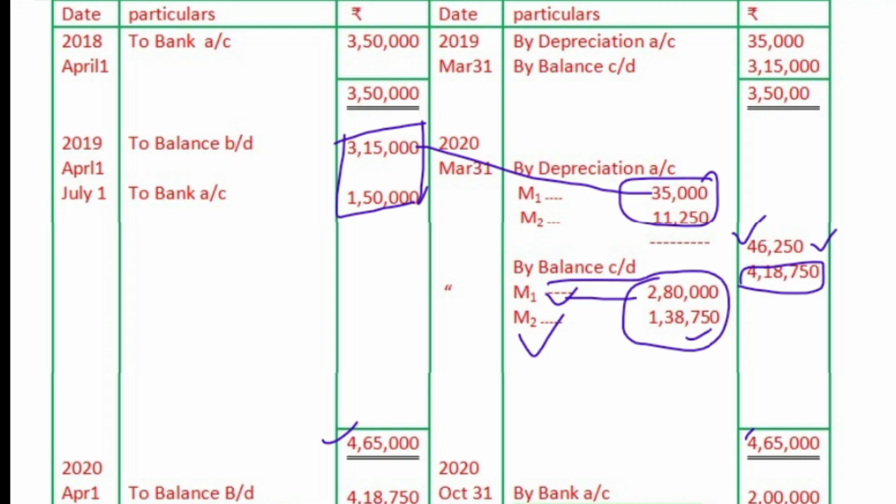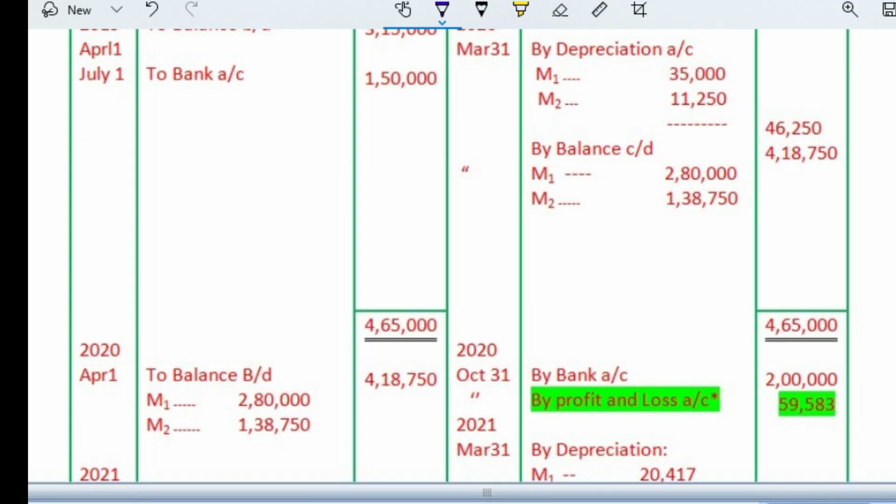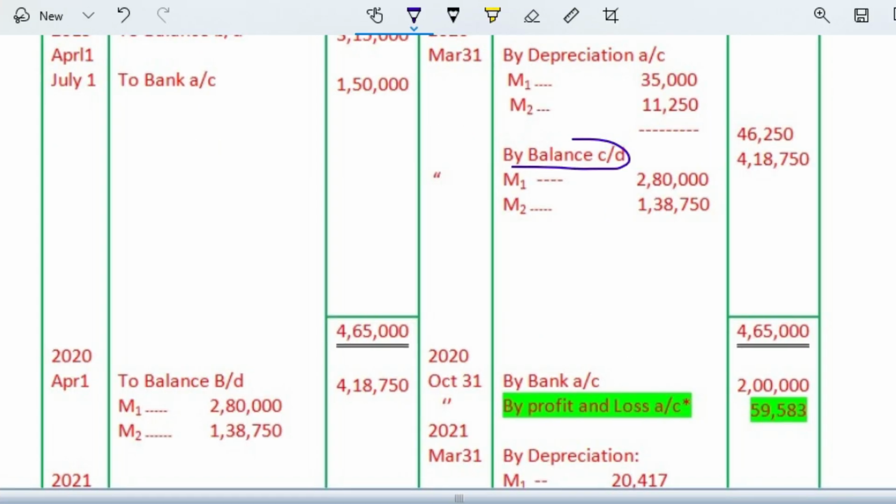Then 1,50,000, the second machinery cost, minus depreciation 11,250, so the balance is 1,38,750, and together the closing balance is 4,18,750. Understood?